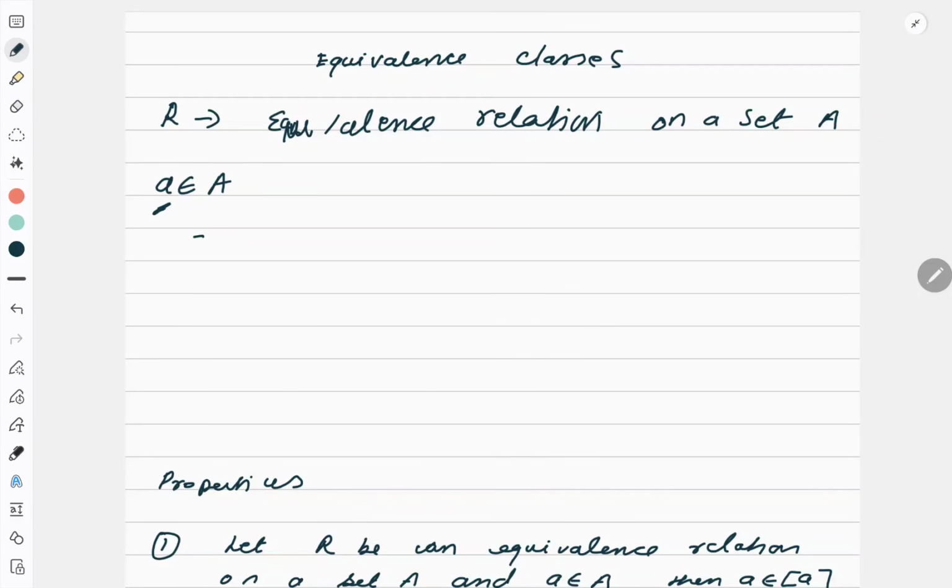The equivalence class of a is represented by this, or it is also written as R of a.